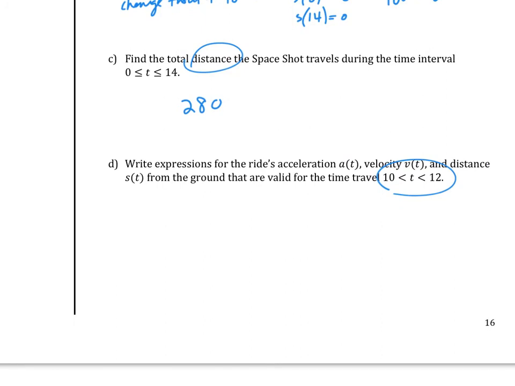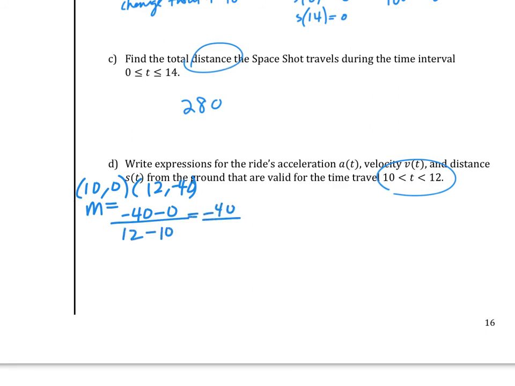Okay, so slope is equal to, let me write down those 2 points just in case. 10, 0, and 12, negative 40. So the slope is negative 40 minus 0 over 12 minus 10, which is negative 40 over 2, which is negative 20. So slope is going down.